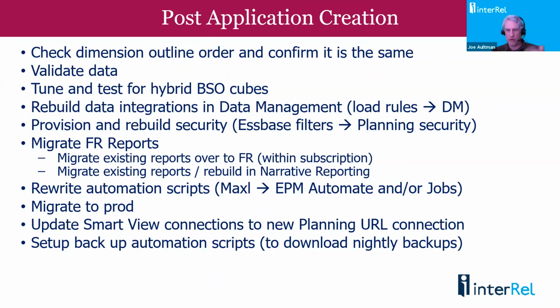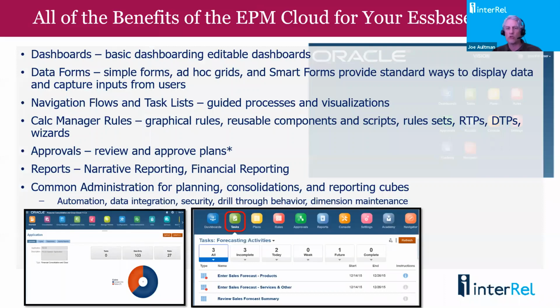You'll need to set up batch scripting to get that downloaded locally, because you don't want to just trust that the snapshots will be kept safe for you if something happens. You want to bring that on-prem so you can be assured that you'll be able to get back to the past. You have a rolling set of your nightly snapshots downloaded and archived, so you can get back, if you need to, to where you were a day ago, a week ago, something like that.